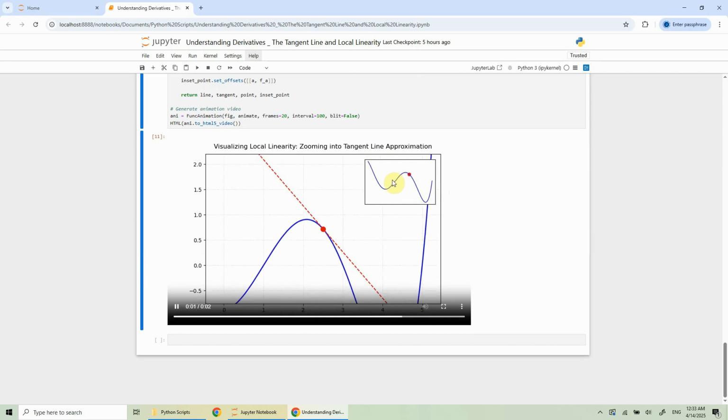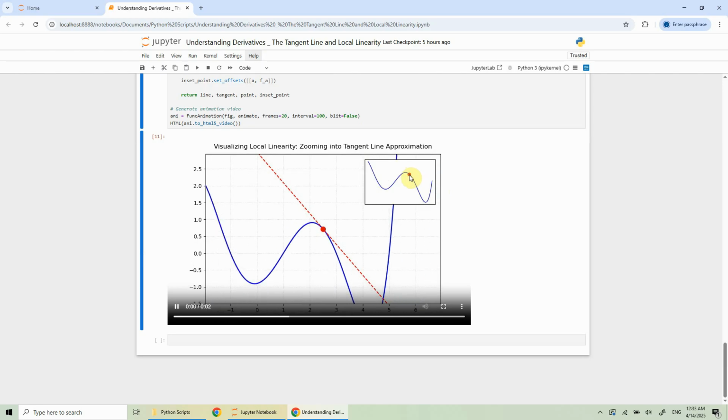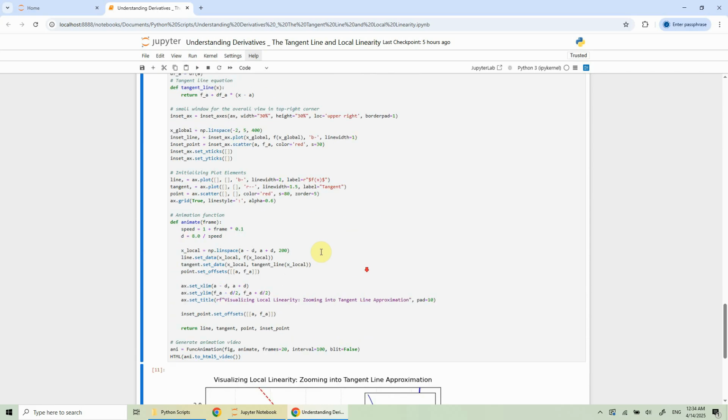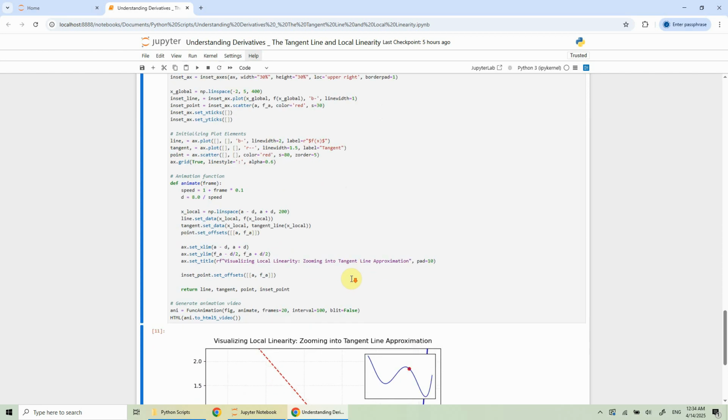So this is for the overall view. The bigger one is where we zoom in on a particular small region around this point. Set up a small plot for the overall view and initialization. Then this is the animation function with the speed.